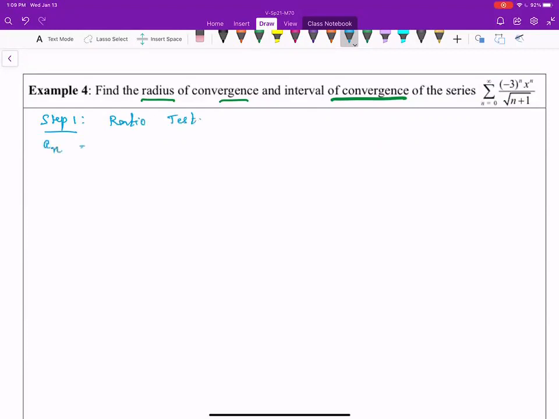So a sub n is (-3)^n times x^n divided by square root of n plus 1. a sub n plus 1 is (-3)^(n+1) x^(n+1), and this will be n plus 1, this will be n plus 2, then this will be n plus 2.